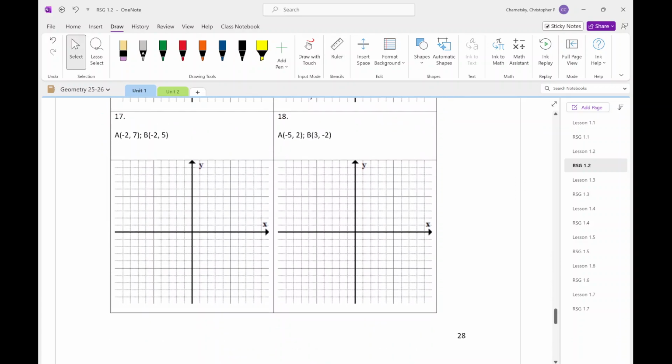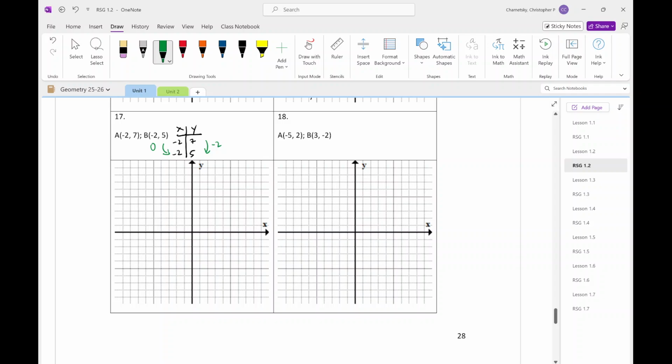Okay, number 17. Same process. X and y. Negative 2, 7. Negative 2, 5. And my change in y is going down 2. And weird, our x has a change of 0.